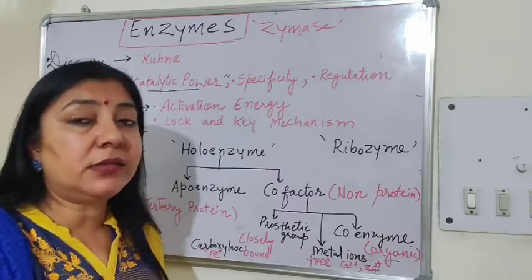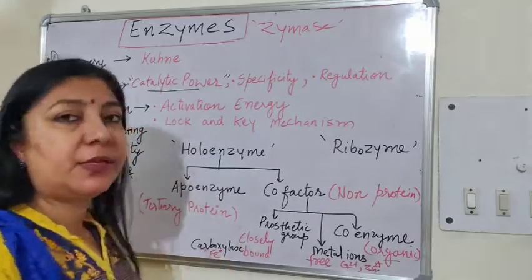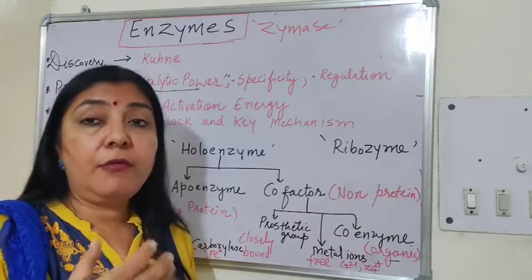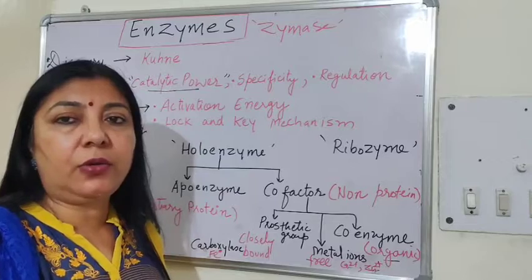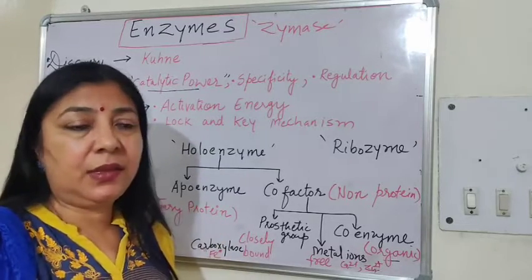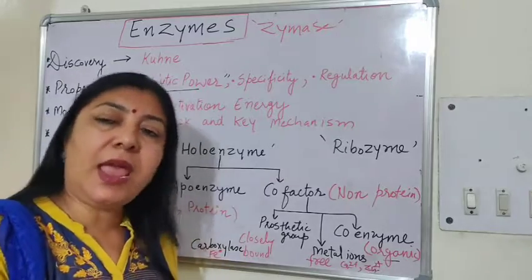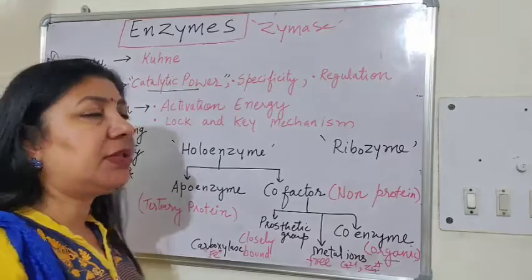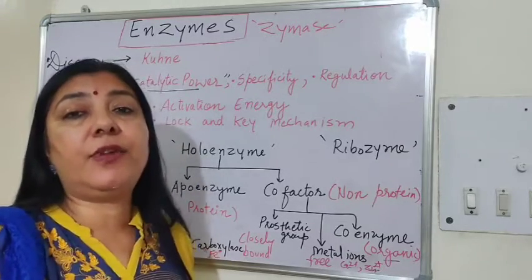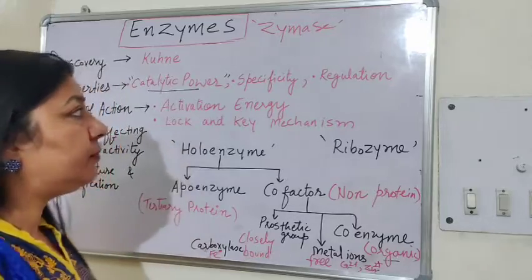It will not act to produce any other compound. So they are very specific. For example, lactase will always act on lactose, nothing else. In the same way, sucrase will always act on sucrose. So these enzymes are very, very specific with respect to their substrates.